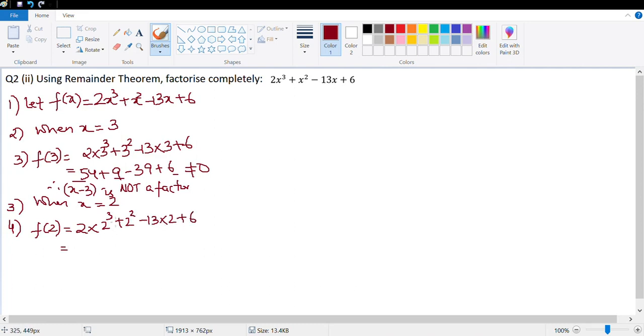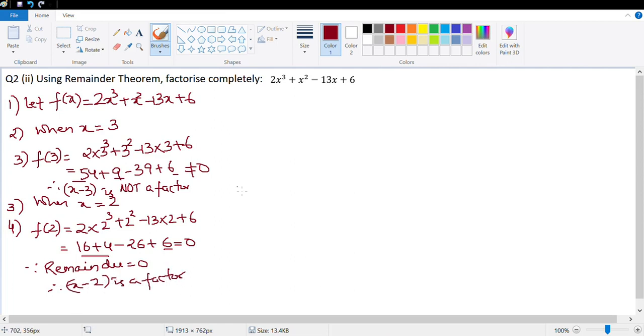That will be equal to 2 cube, 8 into 2, 16, plus 4 minus 26 plus 6. That's 20 plus 6, 26 minus 26 is equal to 0. Since remainder is equal to 0, therefore x minus 2 is a factor.